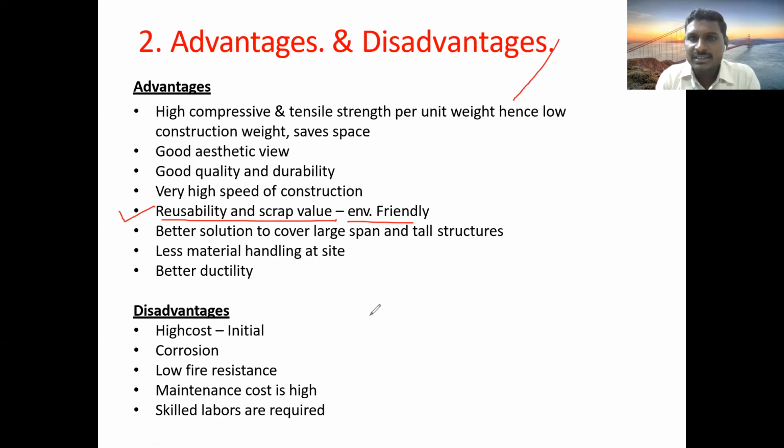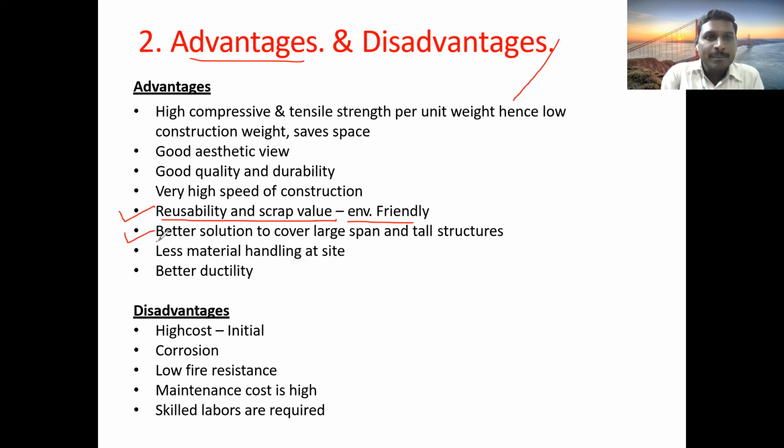Right or not? Yes, correct. So here we can see the advantages. Generally, if you have constructed any steel building, we can dismantle this building and use all the members in another place, or we can send them back to the industry and melt them again, that means we can give it temperature again and make another member. So it means what? We can reuse steel or it has good scrap value. That's why this is the advantage.